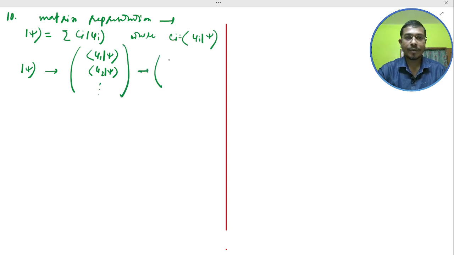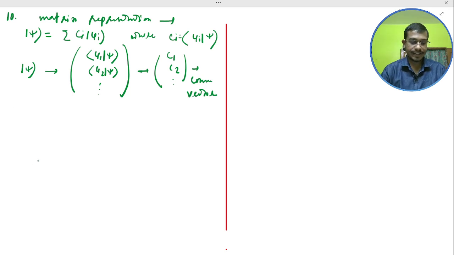This is written in the form C1, C2, dot dot, which is nothing but the column vector. Next, this is the ket state.